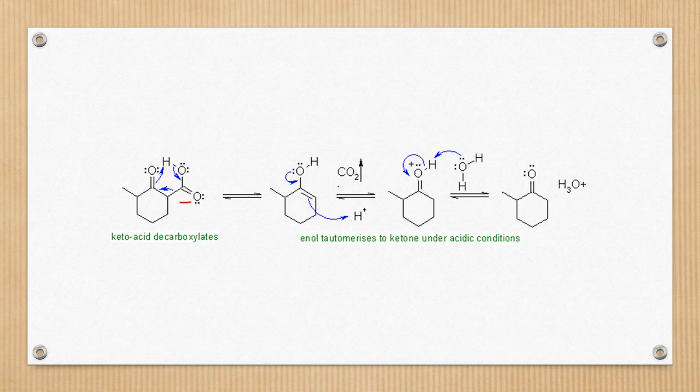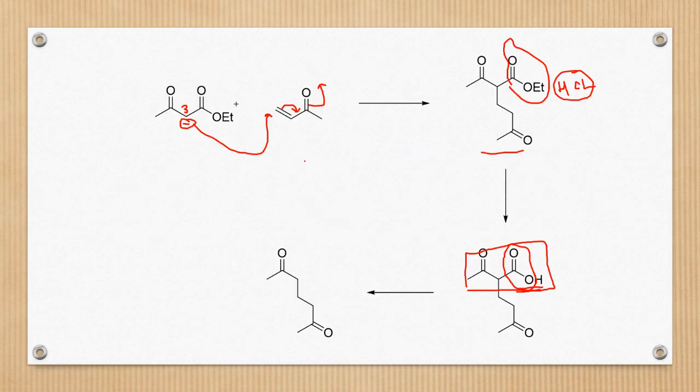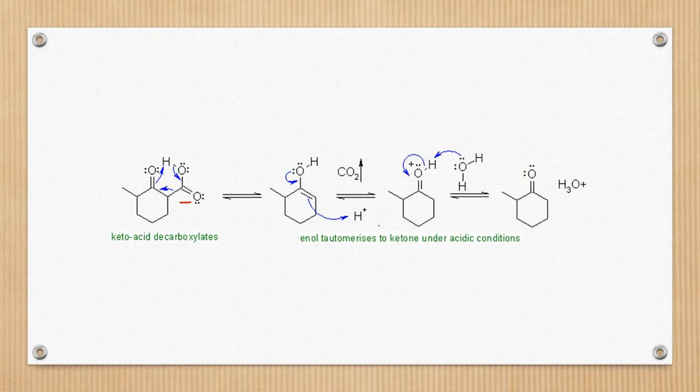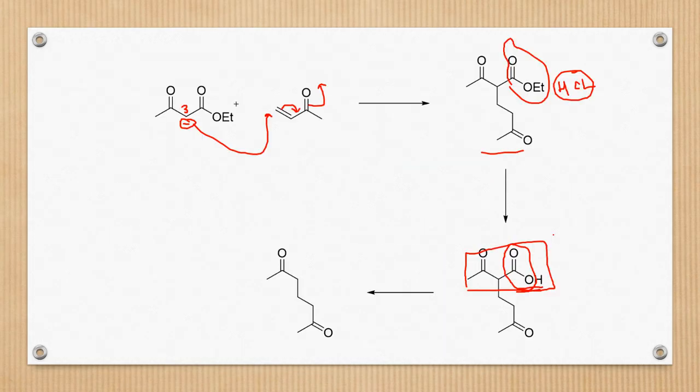After the liberation of carbon dioxide, what will happen? The enol tautomerizes to the ketone under the acidic condition. Here the acidic condition is present in the medium, that is, water and HCl are present. So after the liberation of CO2, this alcohol again isomerizes to give you the ketone. Similarly, it is happening in our case.